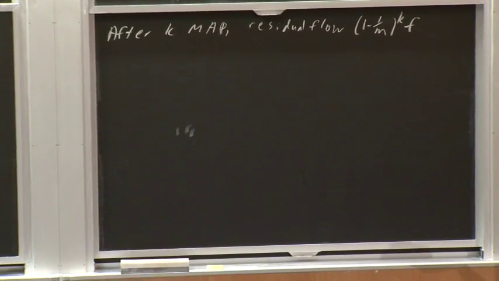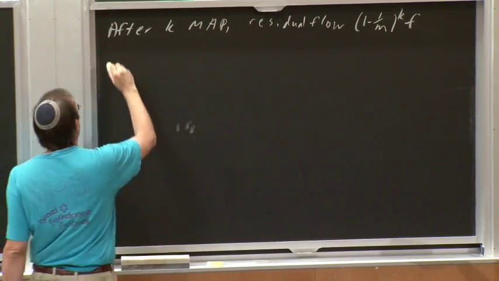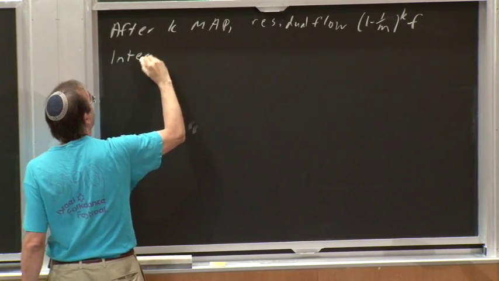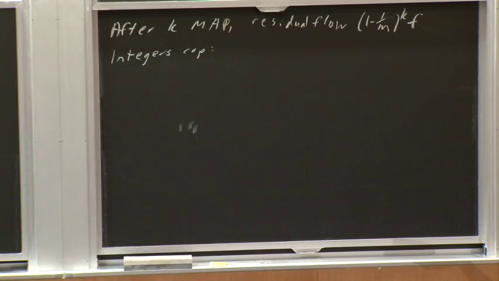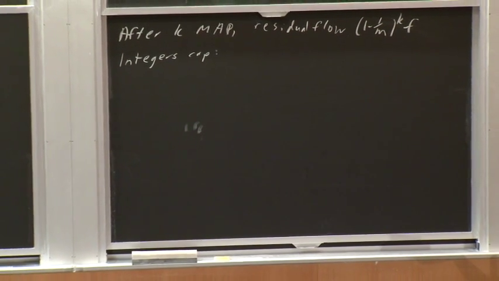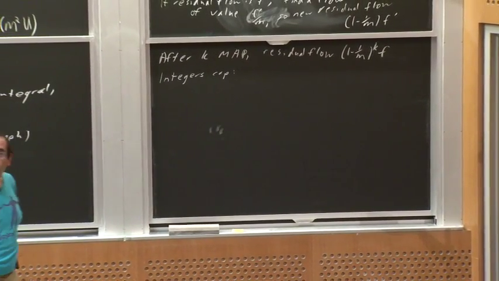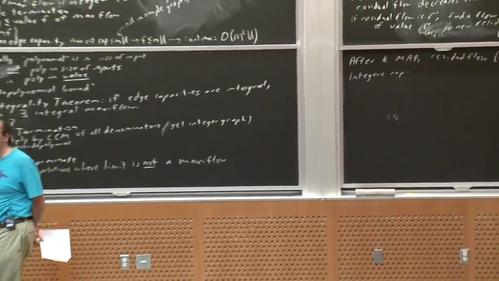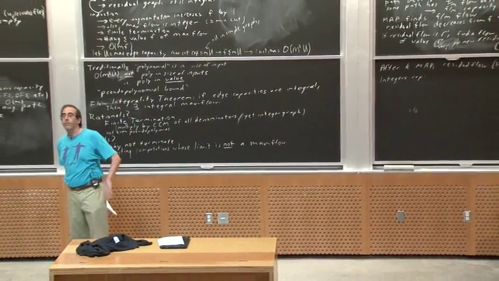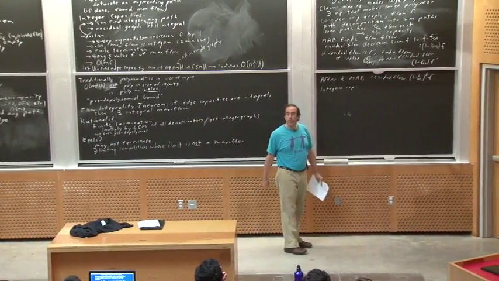Now, how can we turn that into time bounds? Well, we're going to break it apart just as we did before. Let's talk first about integers. So if we have a graph with integer capacities, what can we say about the runtime of this algorithm? It will stop when that geometric progression means that the residual is less than 1.